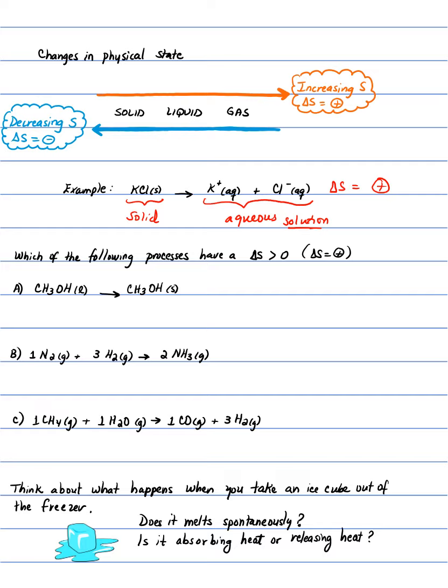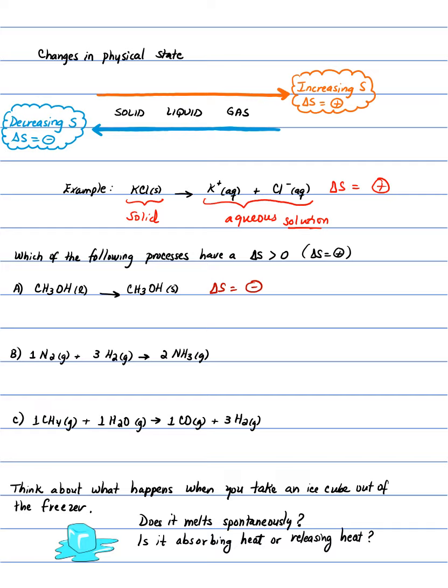So the first one, you have methanol as a liquid, and that one is going towards a solid. So liquid moving towards a solid, that's becoming more organized. And your delta S will have a negative sign.